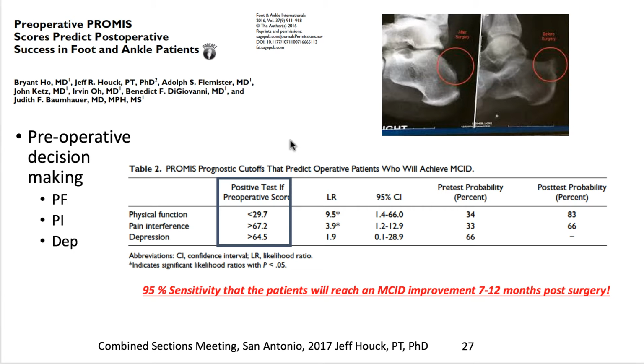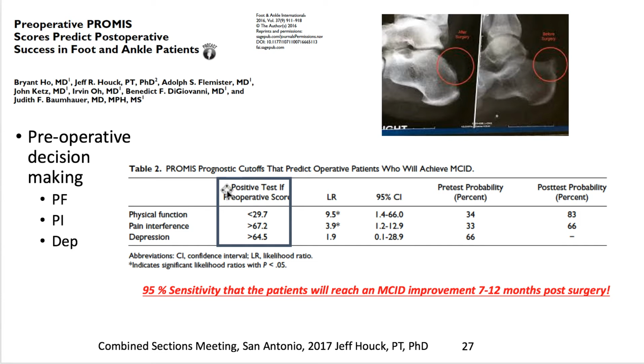So it's a fairly significant surgery, and what we have been doing is taking preoperative patient-reported outcomes, notably the PROMIS physical function, pain interference, and depression scales, and then following them for 7 to 12 months, and looking at how many of the patients improve with surgery and how many do not. We define improvement as a minimally clinically important difference.